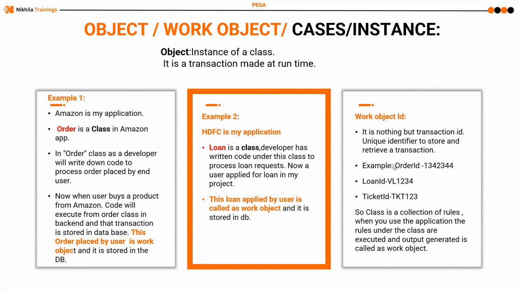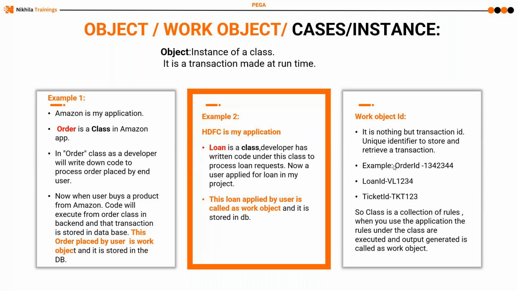You will receive a transaction ID. That is an example of a work object. Now go to something like booking.com. Book a flight. So that booking instance is called a work object. Go to a website like BookMyShow. Book a movie ticket. This is called a work object.